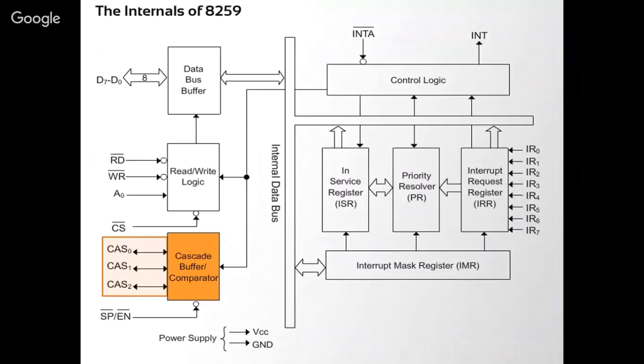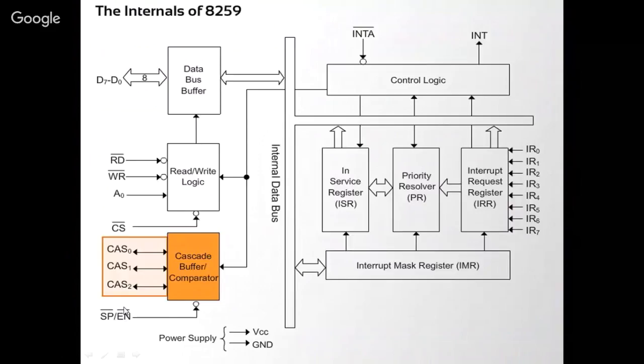For the master PIC, the cascade lines CAS0 to CAS2 are outputs, and for the slave PIC they are inputs. With the first pulse of the INTA bar pin, the master PIC puts a 3-bit identification number on the cascade lines to select one out of 8 possible slave PICs. Each slave compares this code with the code assigned to it during initialization.